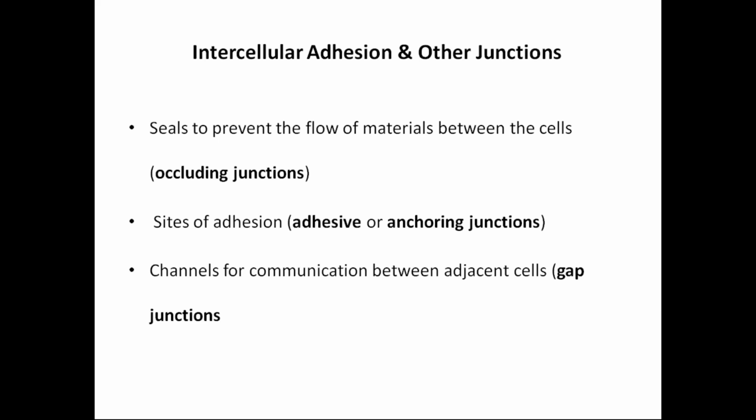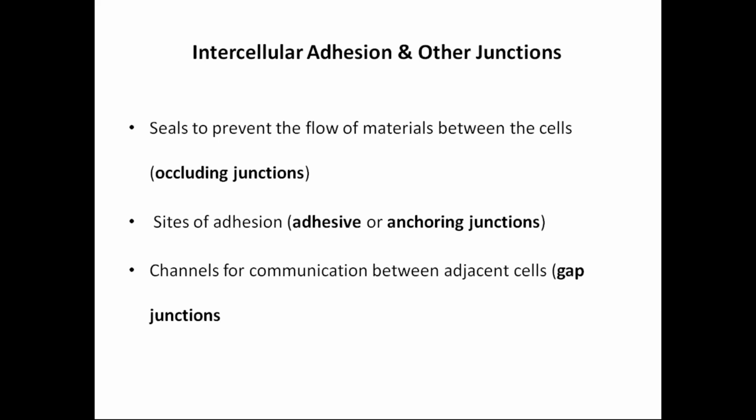And this tight junction actually lies near the apical surface of the cell, and just below that there is another junction called the site of adhesion, where cells adhere very tightly with each other. That is called adhesive or anchoring junction.